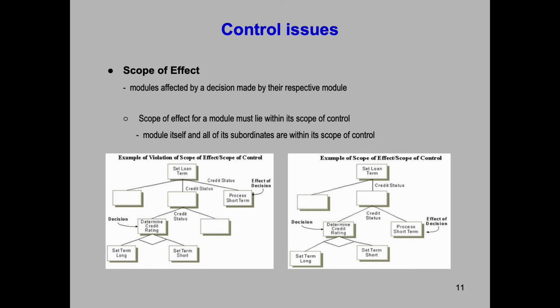It's up a level, where processing a short-term loan should be within its scope of control. At the right, you can see how it adjusts that and moves that decision within its scope. It makes more sense for the design of the program. You don't want a module reaching into other parts of the program where it doesn't make sense and can have negative side effects that maybe weren't foreseen.